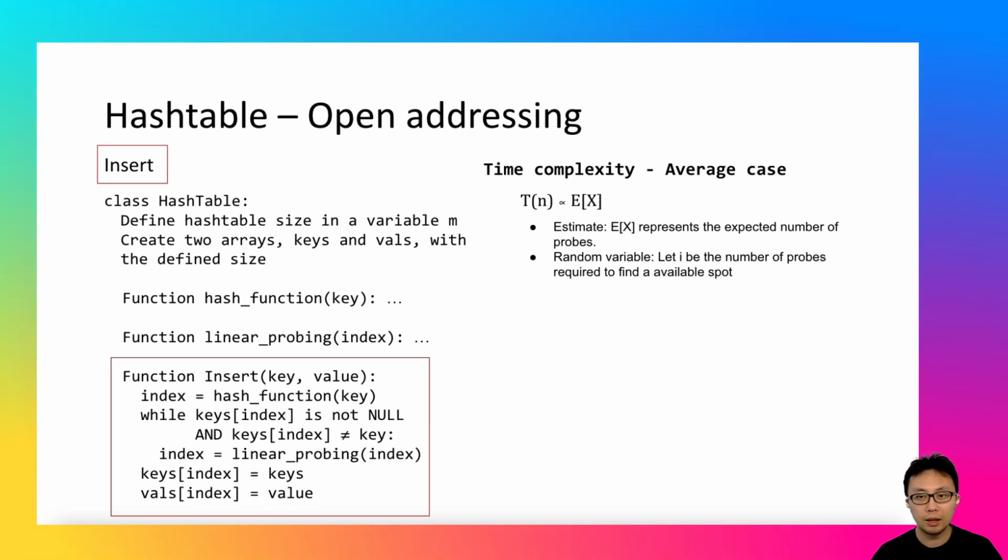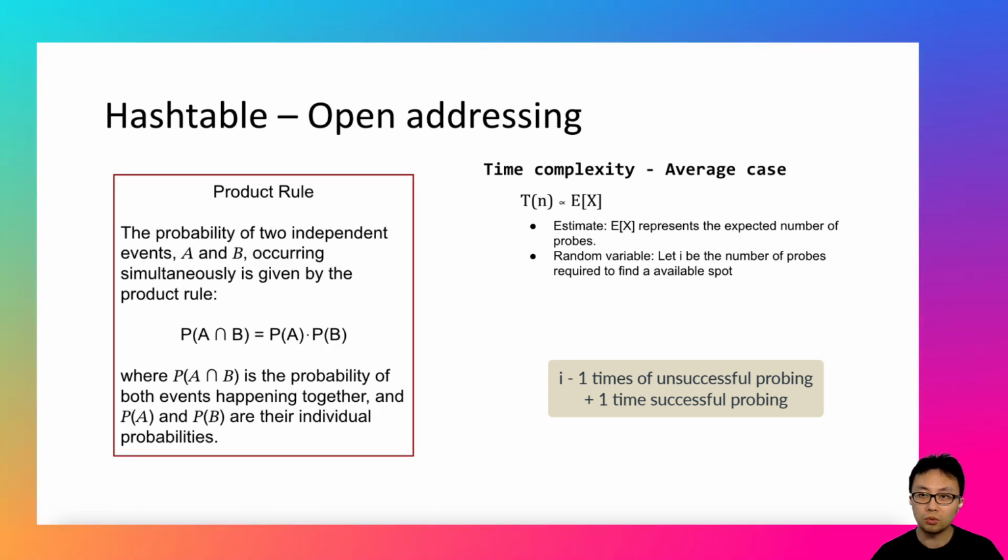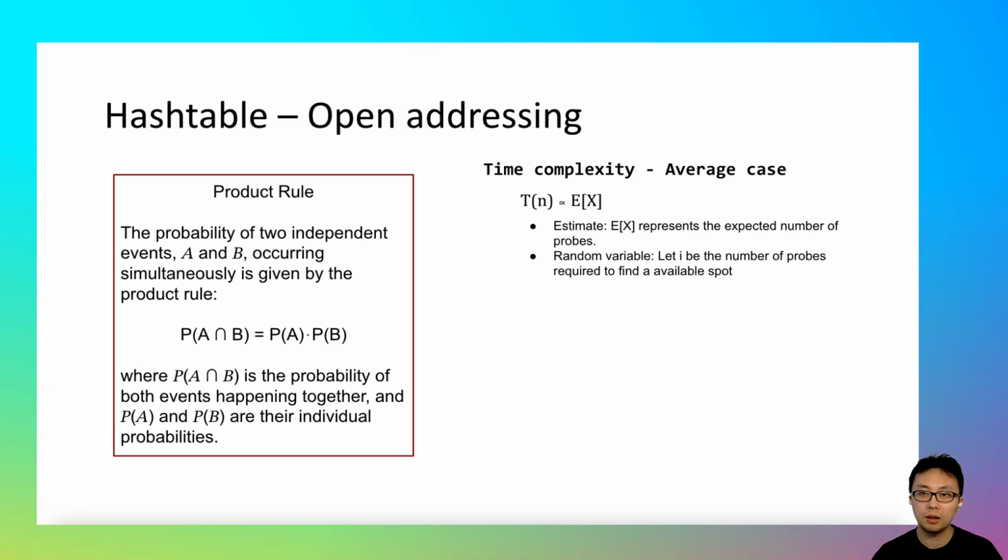If you find an available spot after probing for I times, that means there are I minus 1 times of unsuccessful probings. Based on the product rule of probability computation, you will need to multiply the probability of I minus 1 of unsuccessful probing and the one successful probing at I's time.